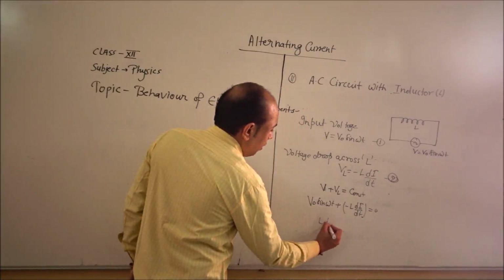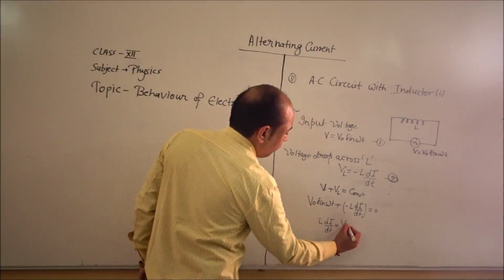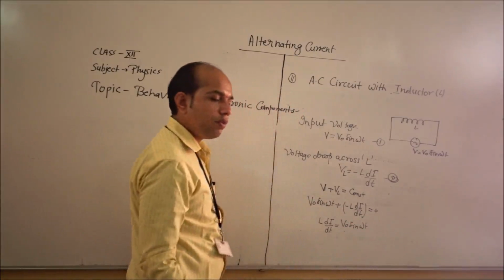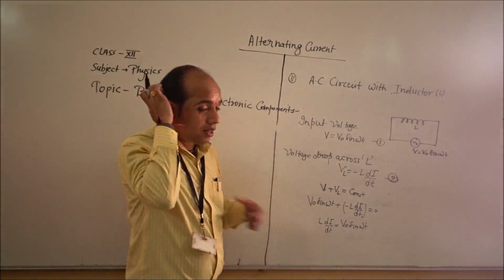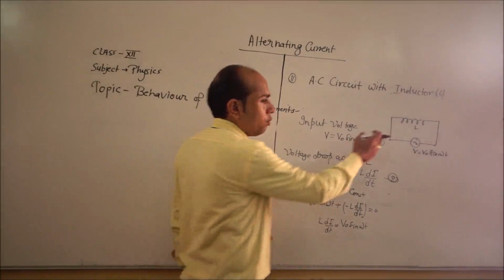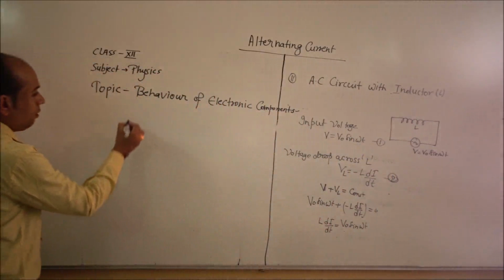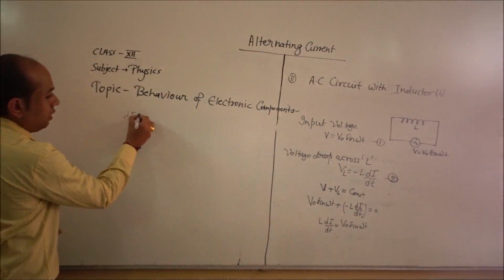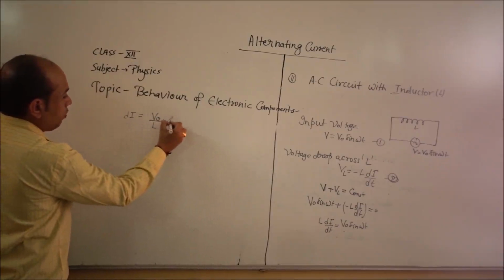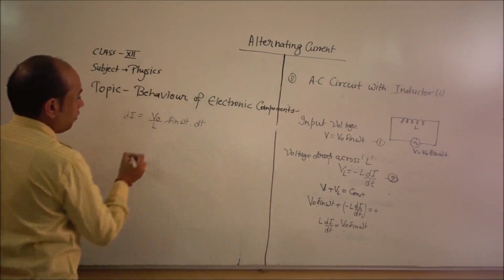So L di by dt is equal to V naught sine of omega t. Like in the previous derivation, via this we have to calculate how much current flows through the inductor. So from this identity we find the current. So di is equal to V naught by L sine of omega t dt.